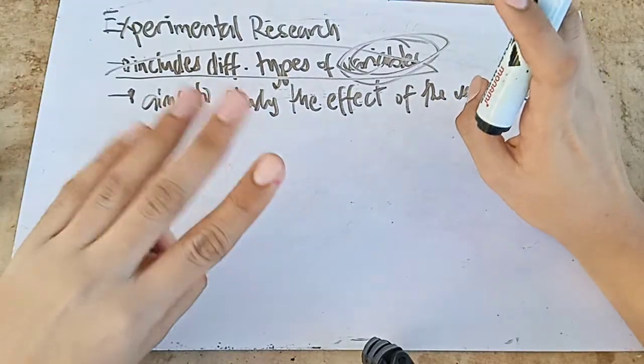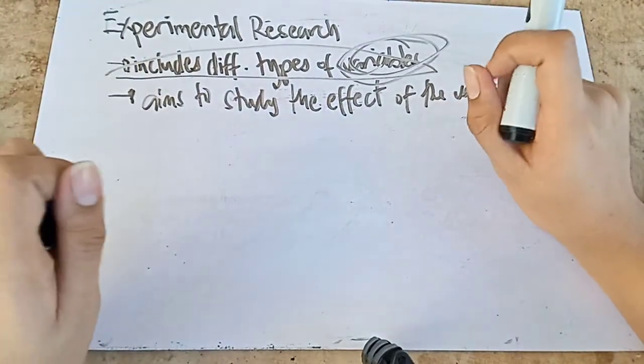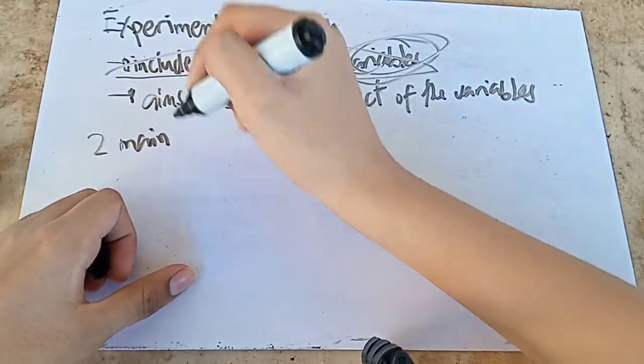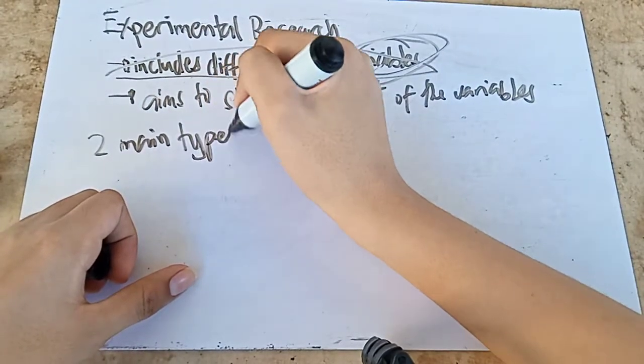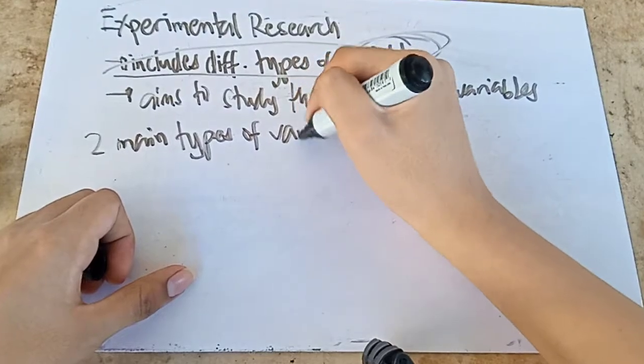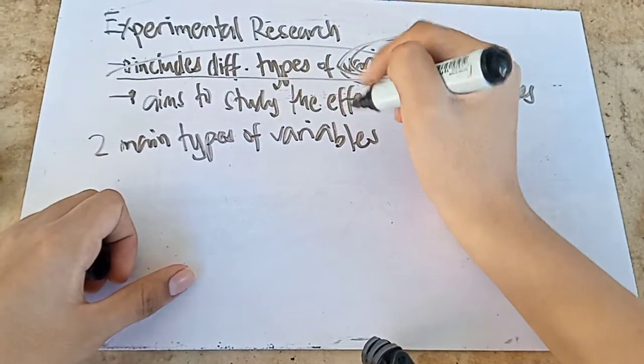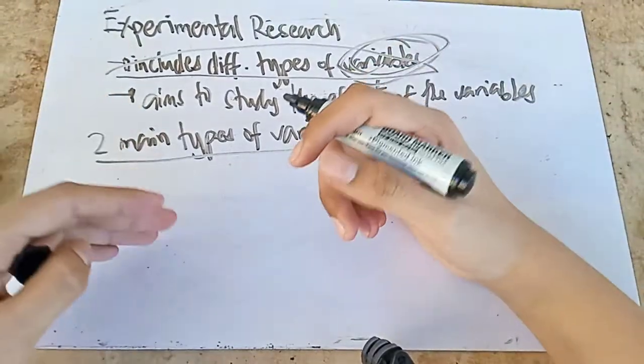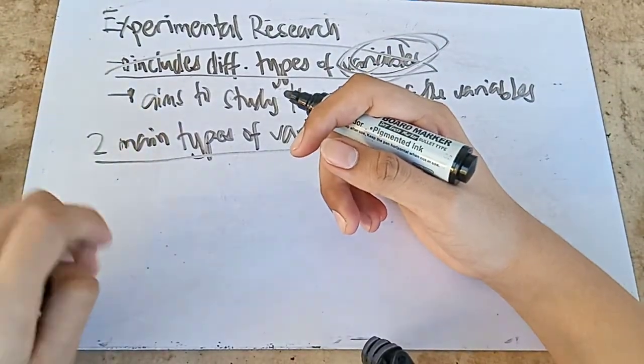Later on, this would be discussed even further, but for now, let us identify the two main types of variables in experimental research. So, there are two main types of variables in experimental research, and it was also discussed in our previous video presentations.